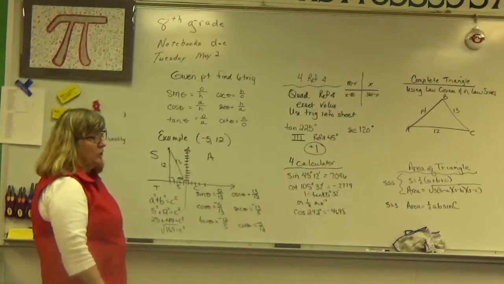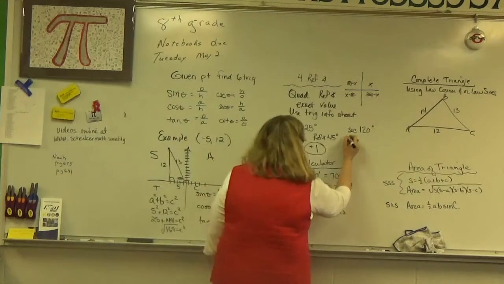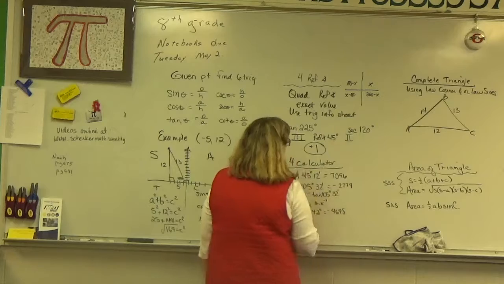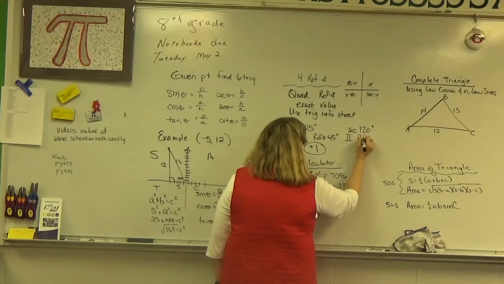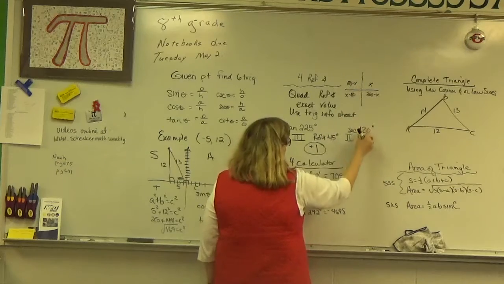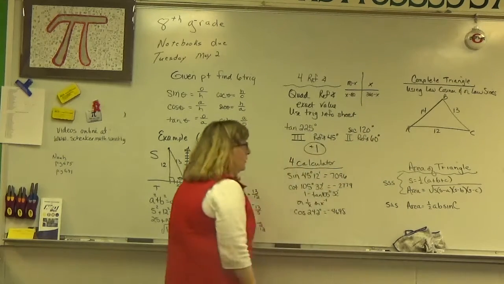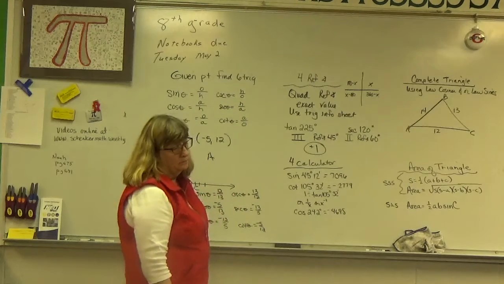Okay, this time I want the secant of 120 degrees. So 120 degrees, what quadrant are we in? Second. So to find the reference angle, it's in the second, so it's 180 minus it. So what's 180 minus 120? 60. Now use your chart. What's the secant of 60?